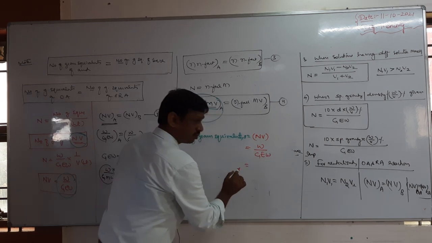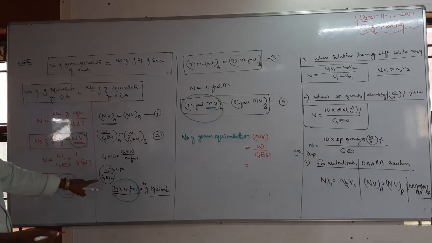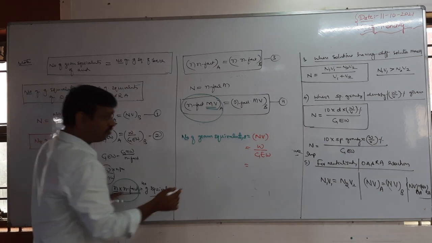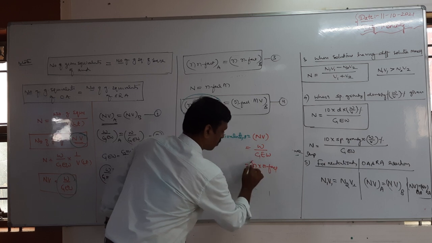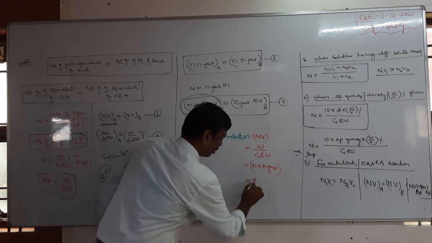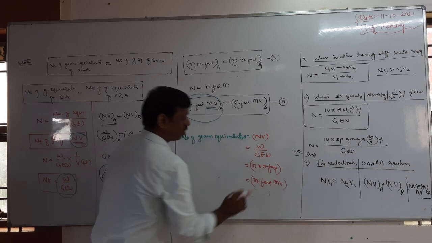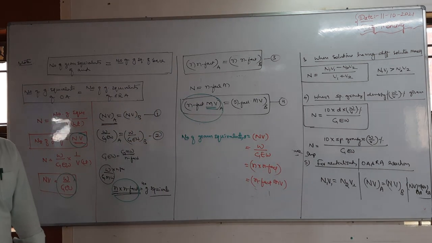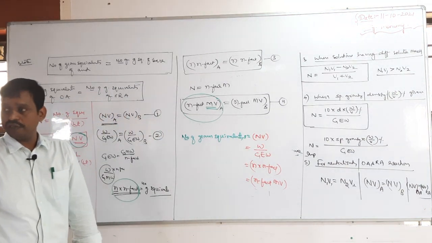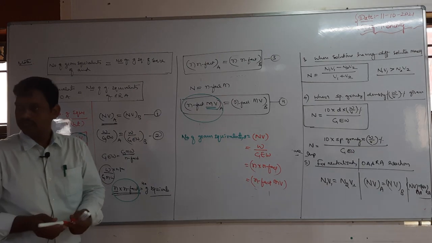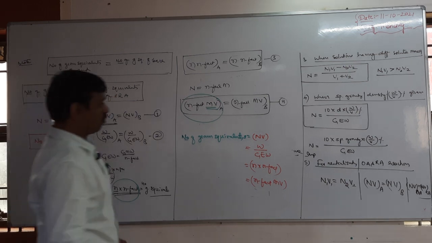Can I write in terms of mole, n into n factor? Can I write n factor into molarity into volume? So all these are number of gram equivalents only. So we have written 4 formulas.